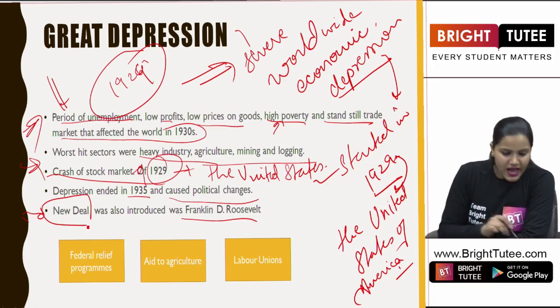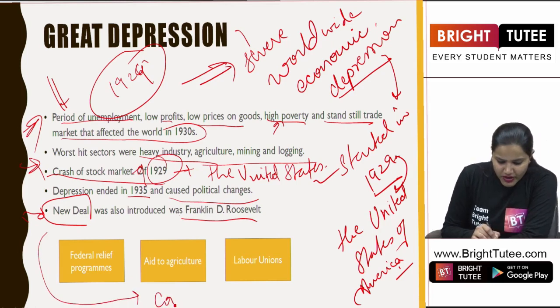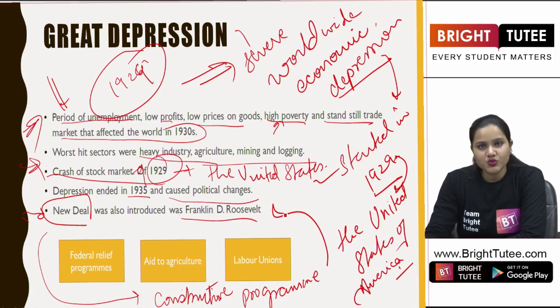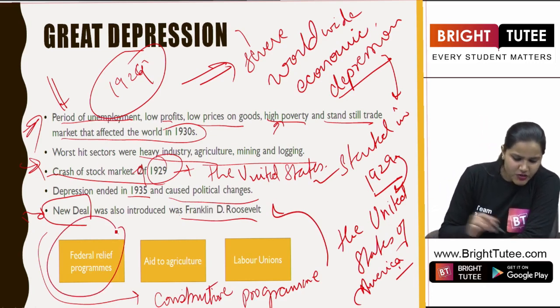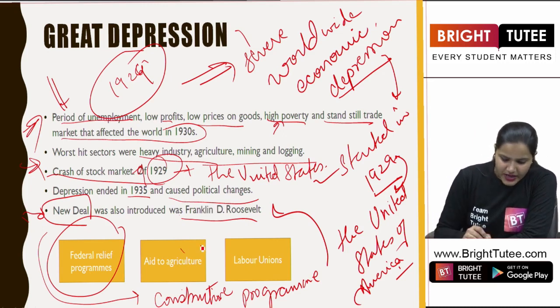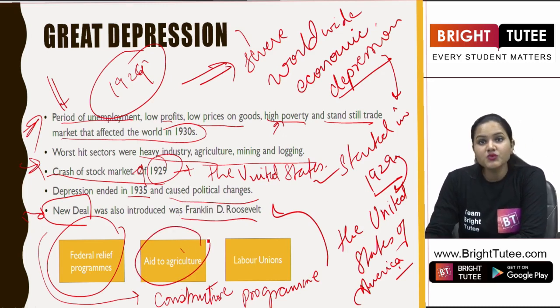This was considered a constructive program initiated by Franklin D. Roosevelt after the Great Depression. He introduced some federal relief programs for the sectors that were worst hit and also for people hit by the Great Depression. Aid to agriculture, because one of the sectors worst hit was the agriculture sector.